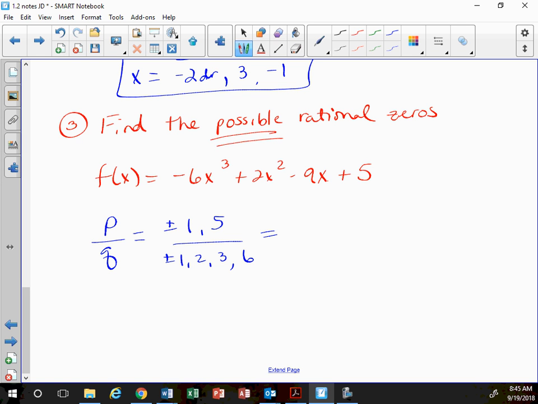I'm going to do both numerators over the first denominator and then continue over the second. I don't care what you do as long as it's not just a random hodgepodge of putting things together. So I'm going to have plus or minus 1, 5, 1/2, 5 halves, 1/3, 5/3, 1/6, 5/6.